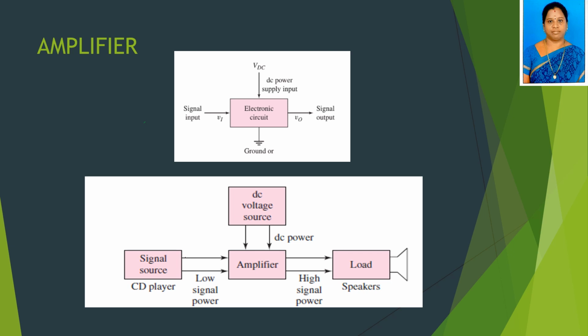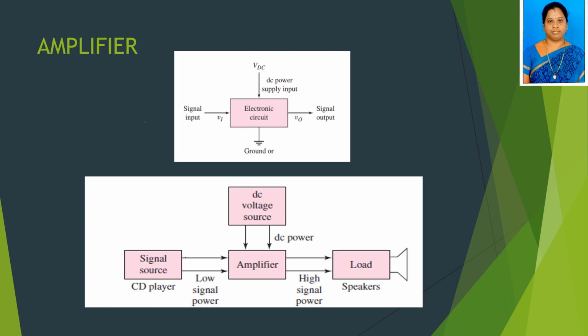Another source is the signal source. It may be an audio signal or video signal. Suppose we have an audio signal coming from a CD player, it is connected to the amplifier, which will amplify it. Then the output of the amplifier is connected to the load, which is nothing but the speaker here. Have you all seen the public addressing system?